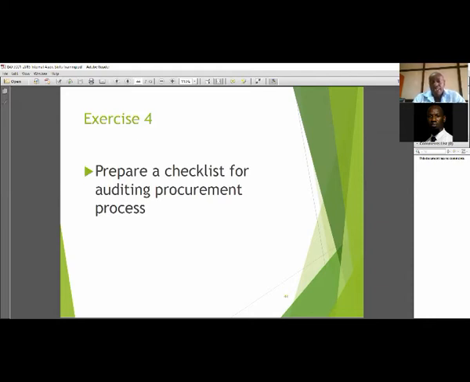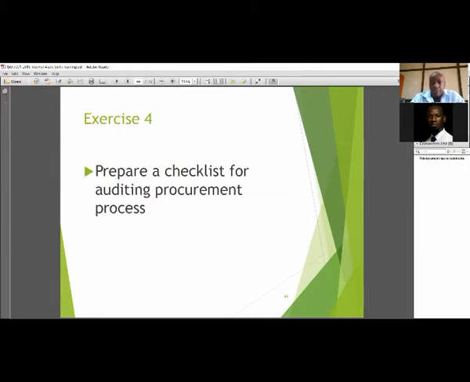Remember, procurement are the ones who have the role of purchasing materials or whatever we are using. So if we ask you to go there, we want you as an auditor to generate the questions or what you are going to ask when you are there.